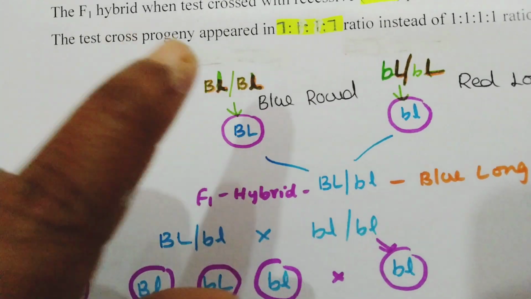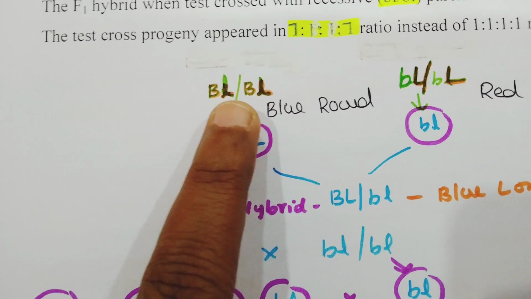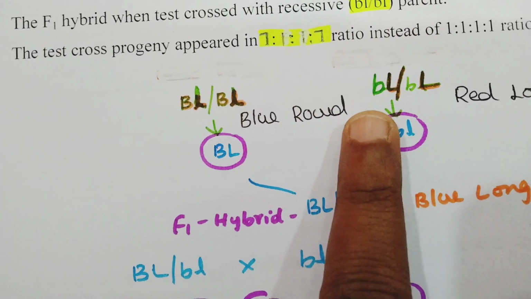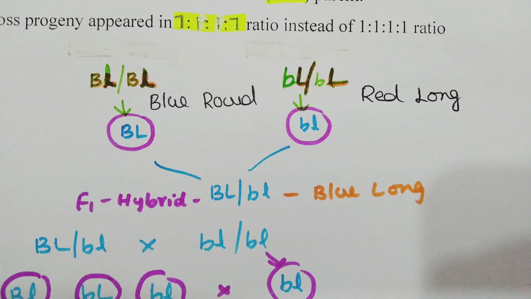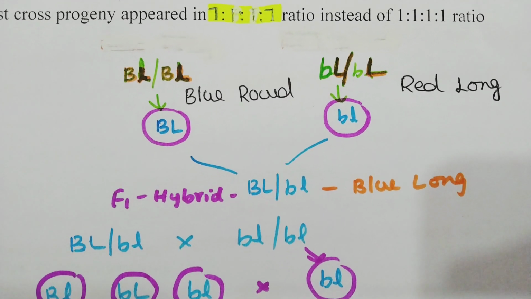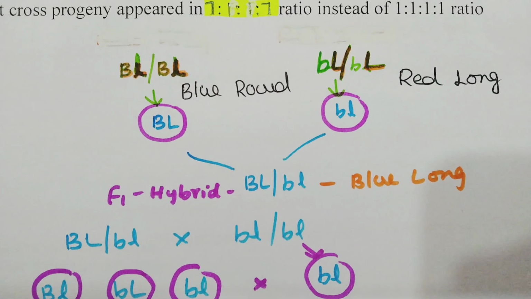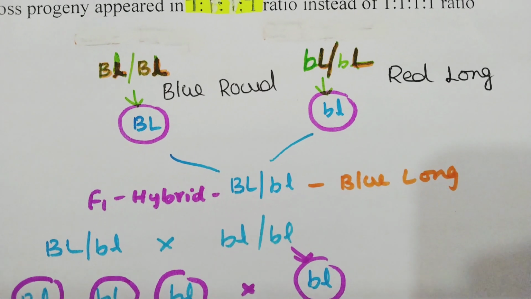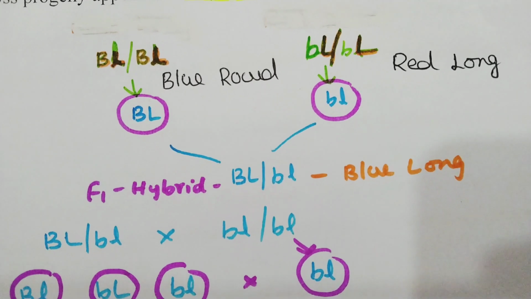Look at the genotype: capital B, small l, capital B, small l, and small b, capital L, small b, capital L. That means one dominant gene and one recessive gene are present on the same chromosome. The first is blue round, the second is red long. A blue flowers, round pollen plant is crossed with a red flowers, long pollen plant.